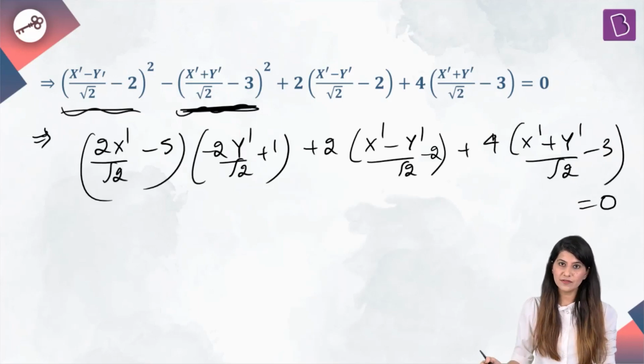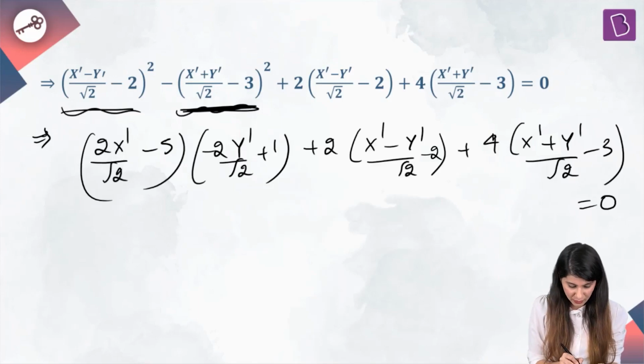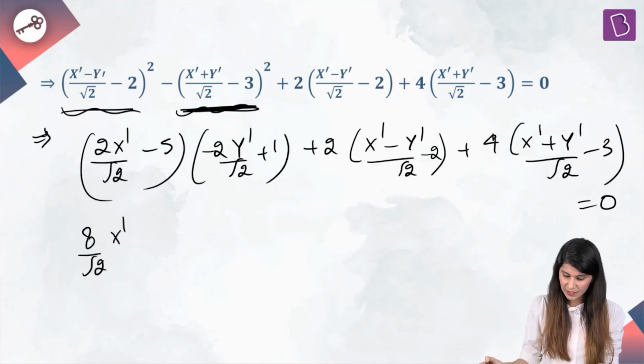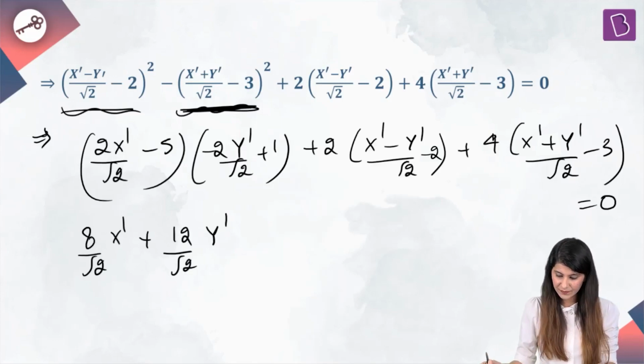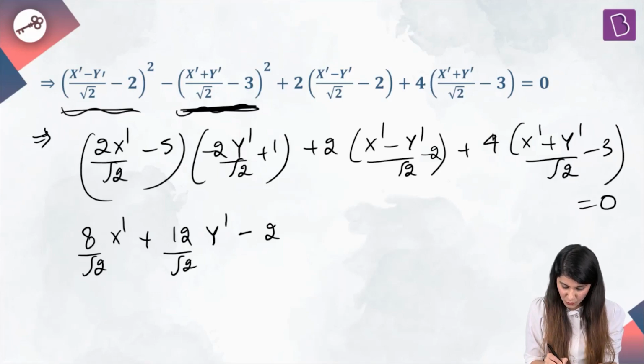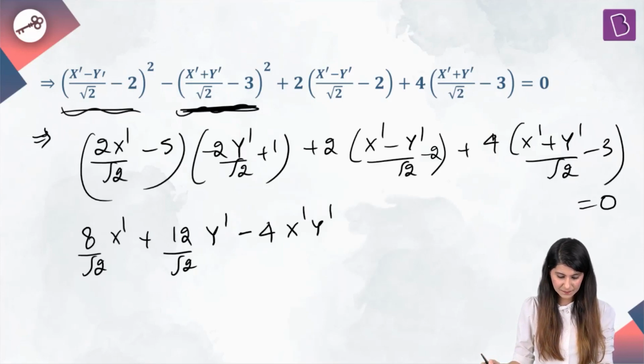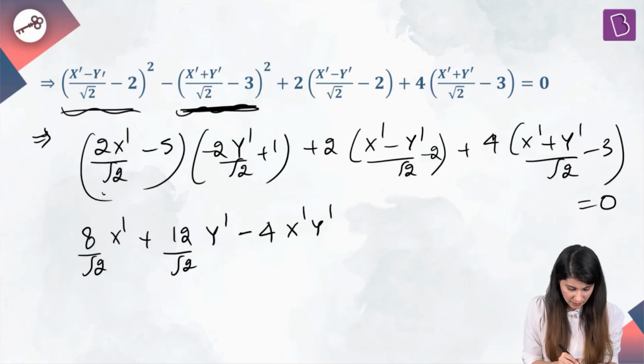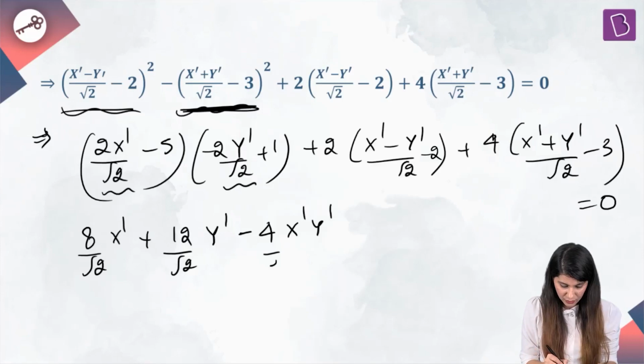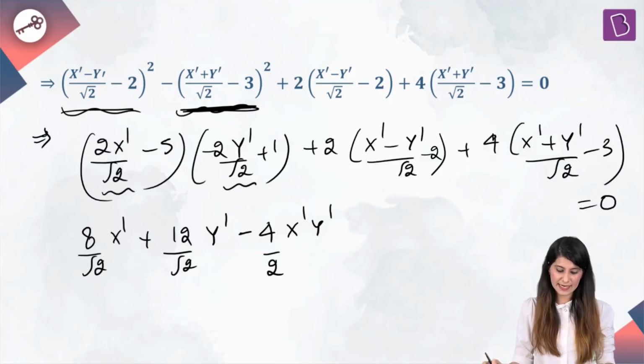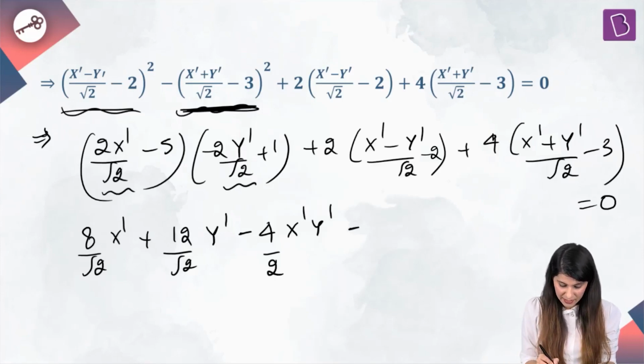Now, if you solve this, what would you get actually? You'll get 8 by root 2 x dash plus 12 by root 2 y dash minus 4 by 2 x dash y dash minus 21 is equals to 0.